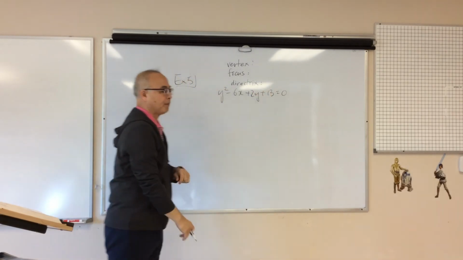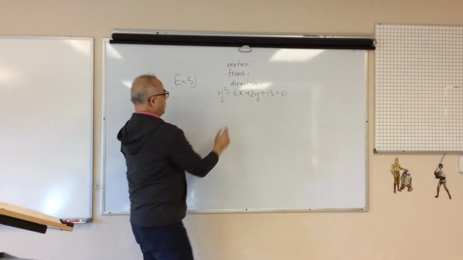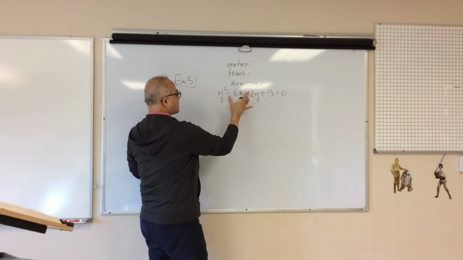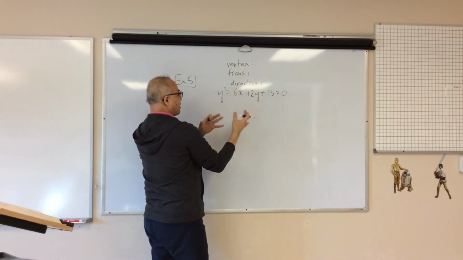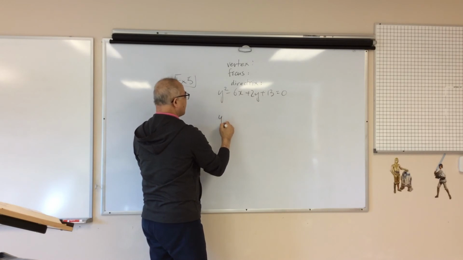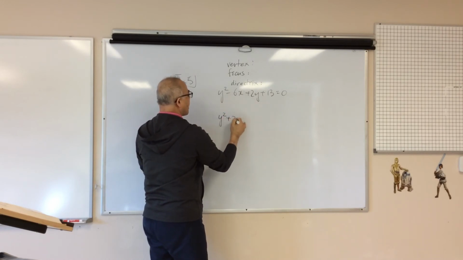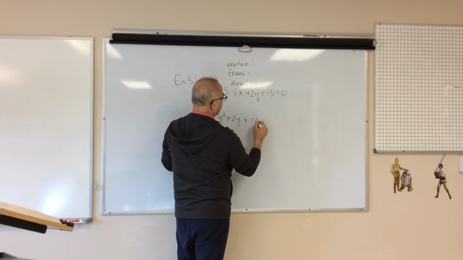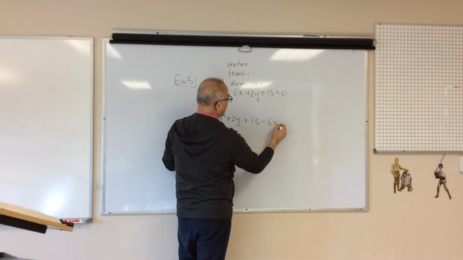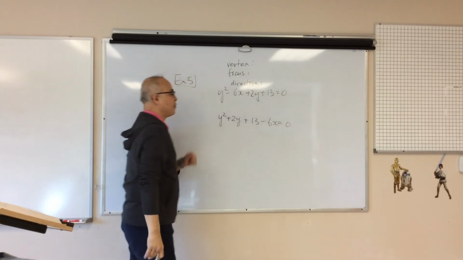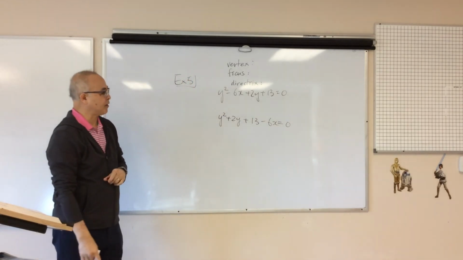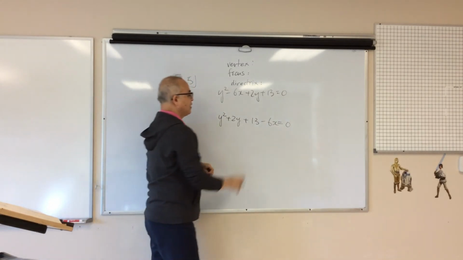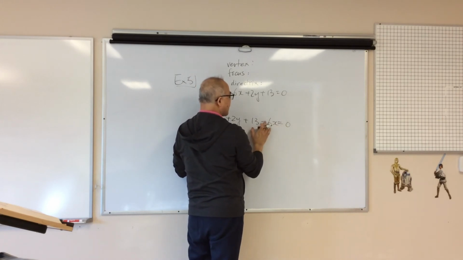So let's see what we can do. This is kind of discombobulated, with the x and the y's mixed up. So if I move the 2y over here, it's equal to 0. This looks a little better. Let's move the 6x over here because it's by itself.